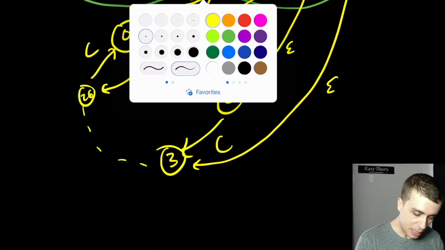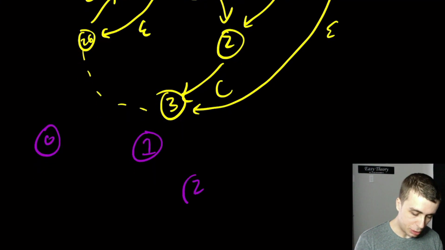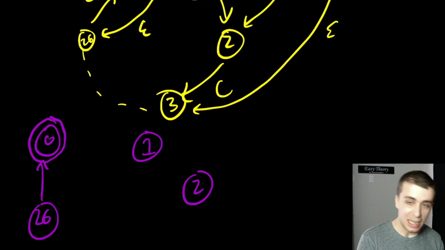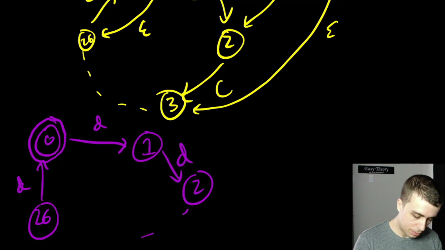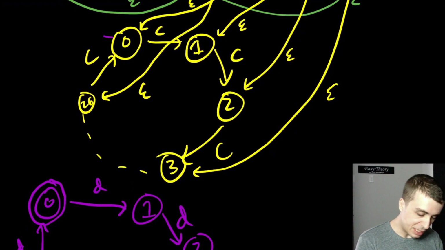And then finally, I will do the same logic with the D's. So I'm going to have a 0 state, a 1 state, let's just do 2, and then 26. So this one actually is an accept state. That's the only accept state in the entire thing. So these are going to be D transitions. And what we're going to do is exactly the same idea.